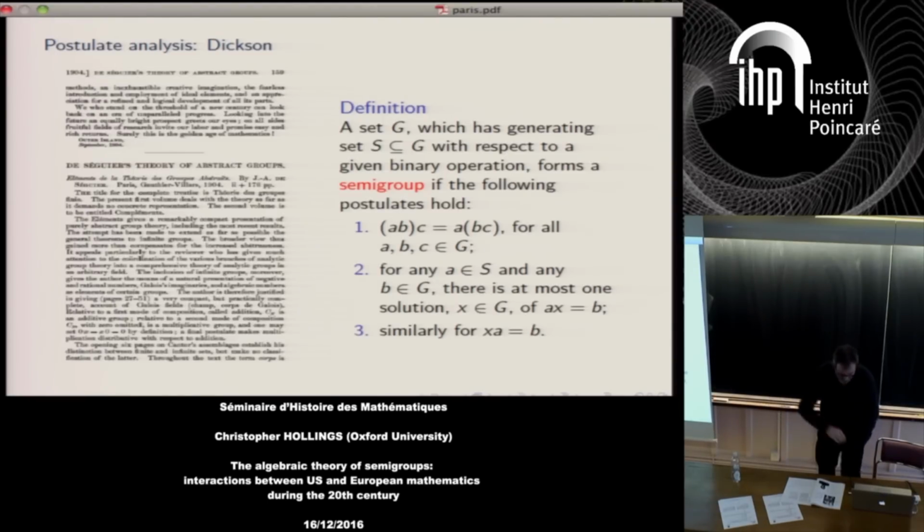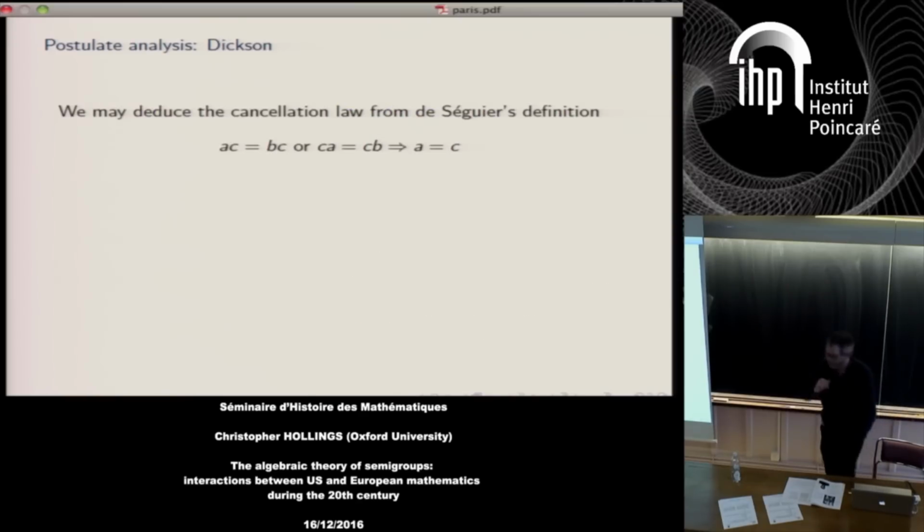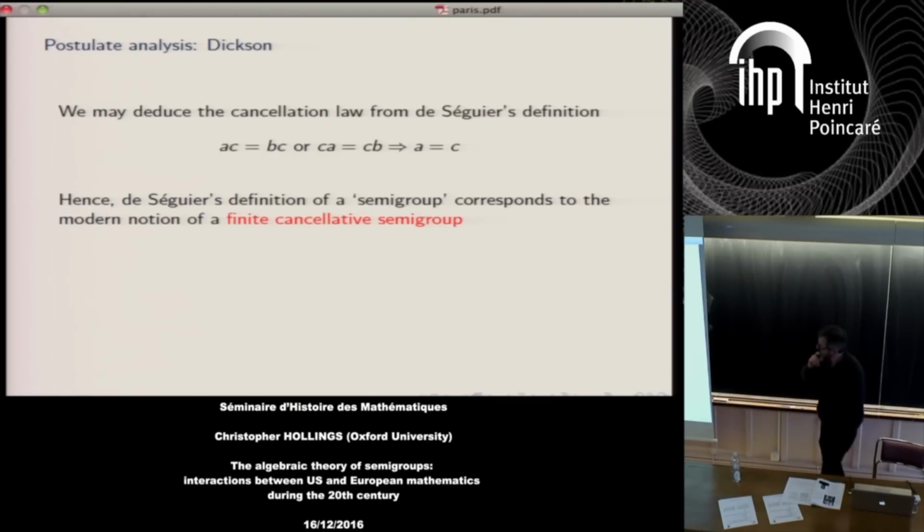One of the things that de Segier did with this definition is he deduced that you have the cancellation law, that follows from his definition, he claimed. Just to look at this in modern terms, de Segier's definition of a semigroup is what we would now call a finite cancellative semigroup, and it's an easy exercise to show that, in fact, that's a group.